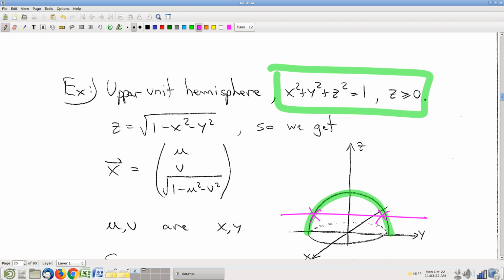It fails the vertical line test in the y direction, or the horizontal line test, whatever you want to call it. Fails the appropriate line test. Okay, so in fact, there's only one direction that this passes, and that is this way, where you're solving for z as a function of x and y, and thus you have this.